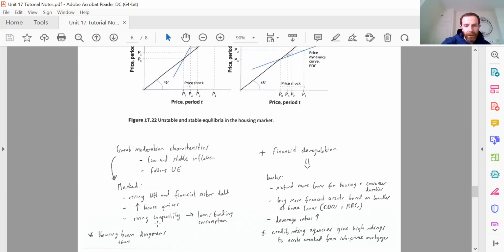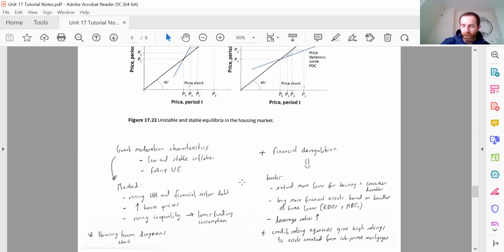I suppose this point here, rising inequality, we saw that earlier on, but that meant that any increase in consumption a household wanted to have needed to be funded by loans. And that comes back to this rising household debt. So housing is the key aspect of what caused the financial crisis. And we'll talk about how, using some of our boom-bust models, in a second.